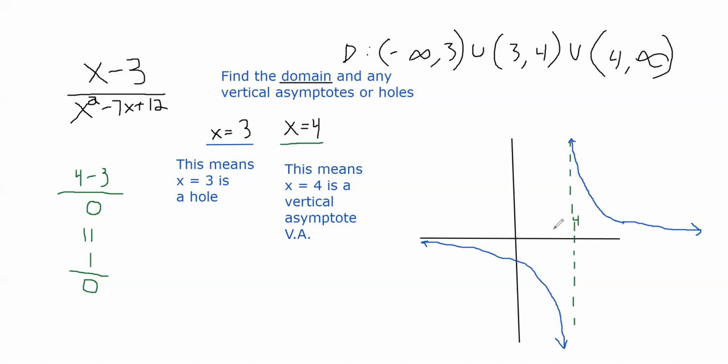When x is 3, there's a hole on the graph. So I need to go down there and basically make a hole. I'll do that with a little clever trickery.